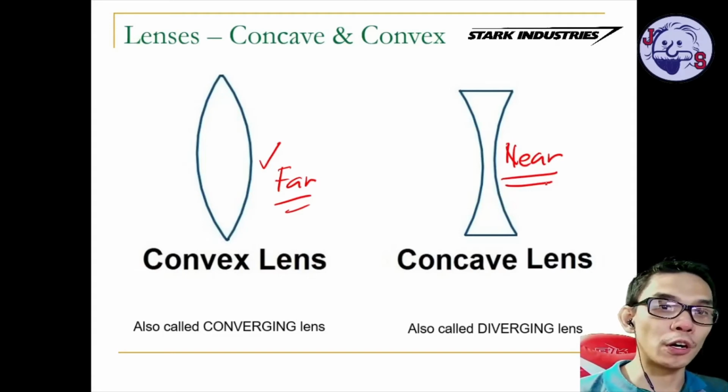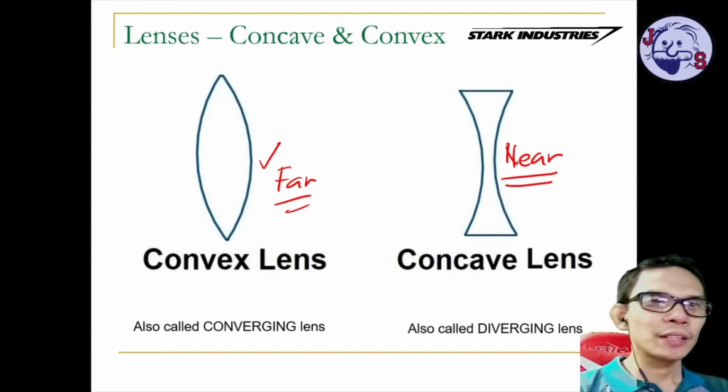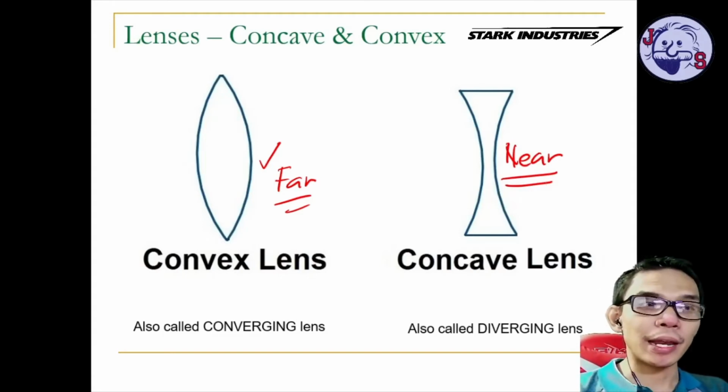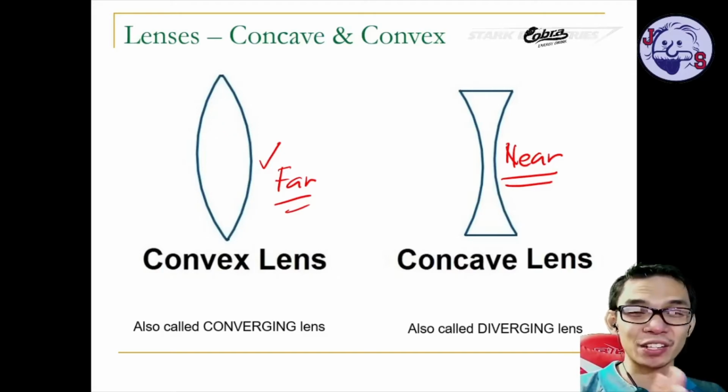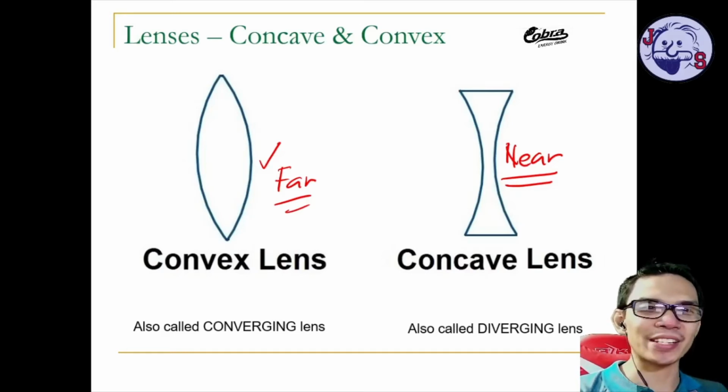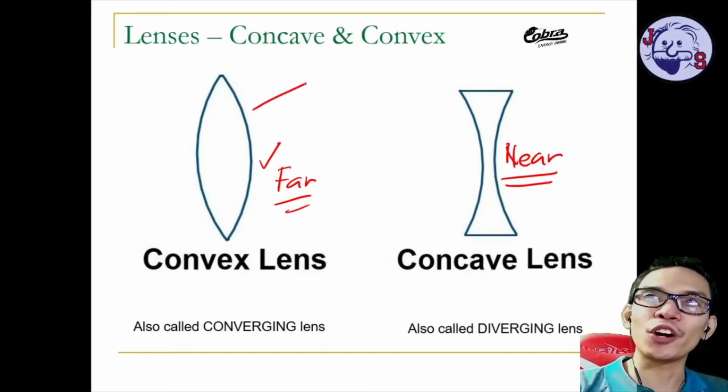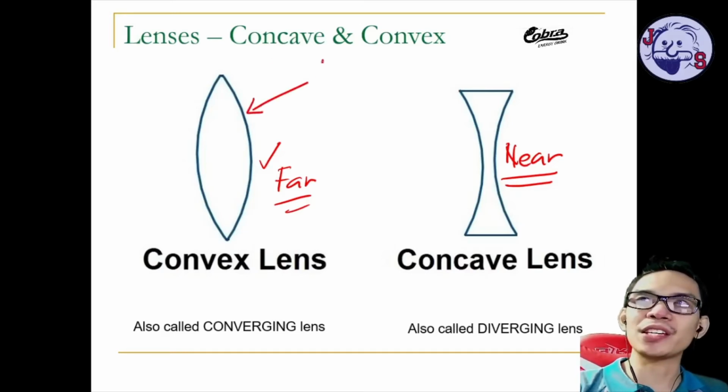Just a trivia, guys: the lens in our eyes is a convex lens. So this is our eye lens.